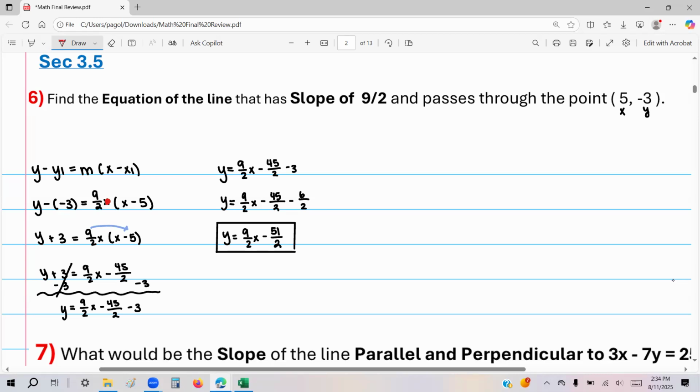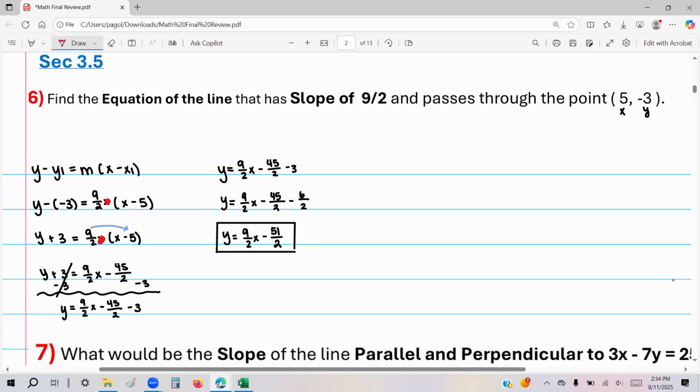the final answer is y equals mx plus b. But in the final exam, they will ask for y equals ax plus b, or ax plus by equals c. So the second method I mentioned before was to distribute your slope. So you get 9/2 x minus 45/2.